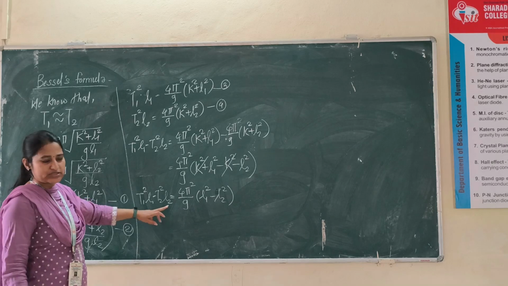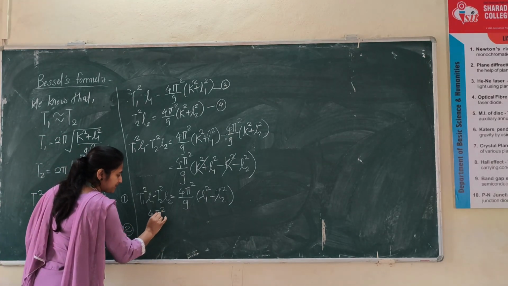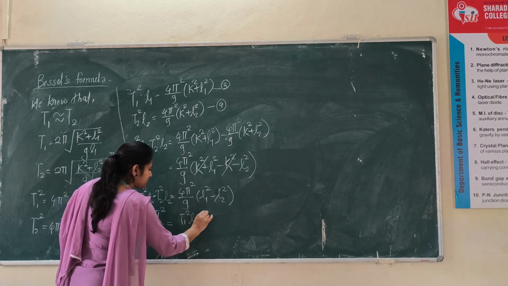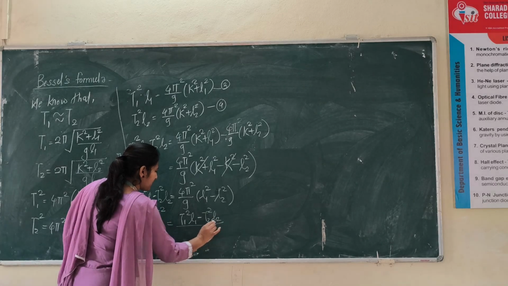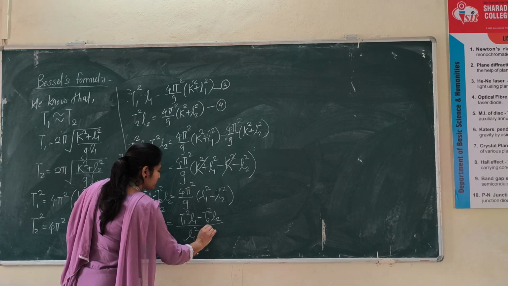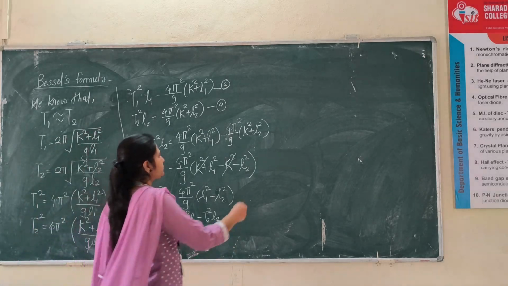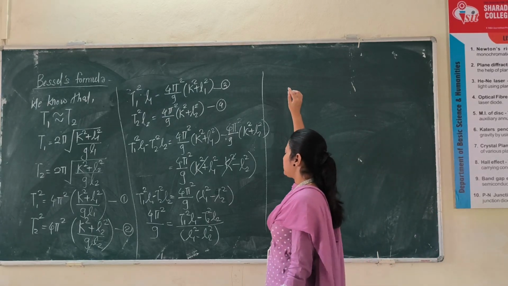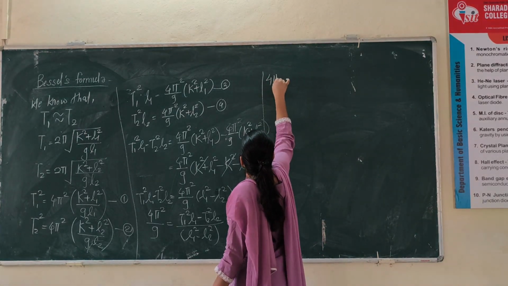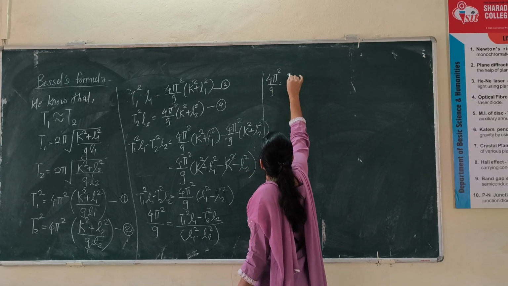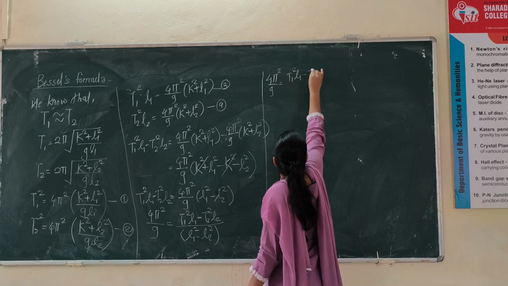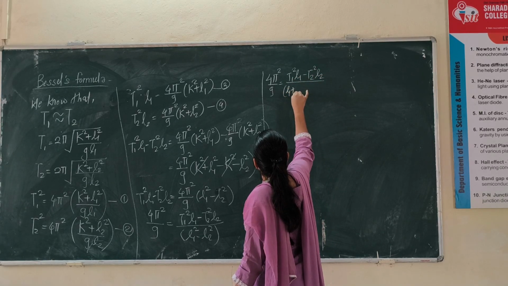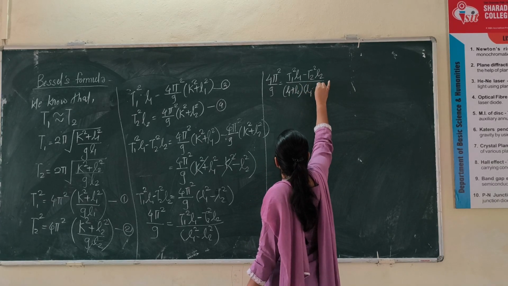Okay, so again rearranging this equation, we get 4 pi square by g is equal to (T1 square L1 minus T2 square L2) divided by (L1 square minus L2 square). We know the mathematical formula a square minus b square is (a plus b)(a minus b). So 4 pi square by g is equal to (T1 square L1 minus T2 square L2) divided by (L1 plus L2) into (L1 minus L2).